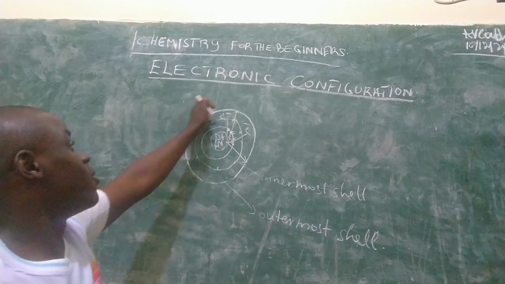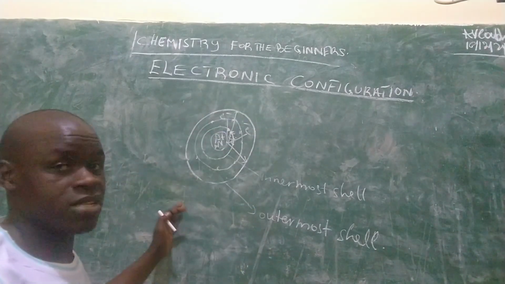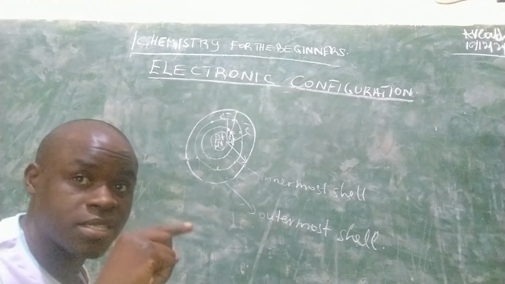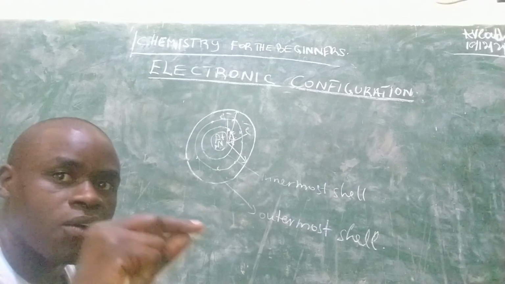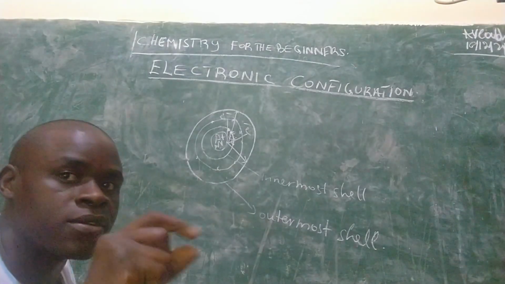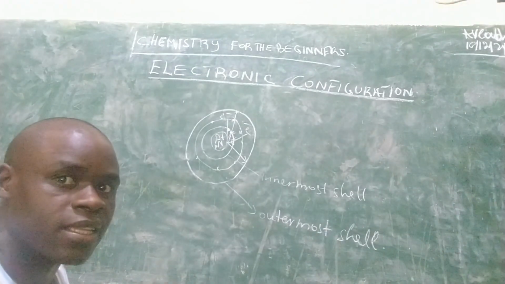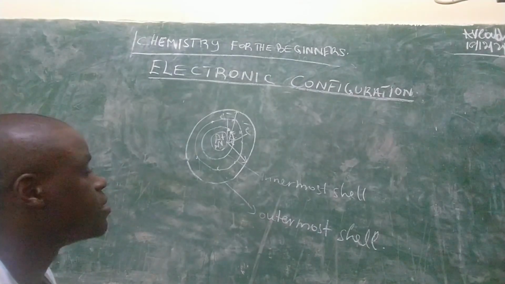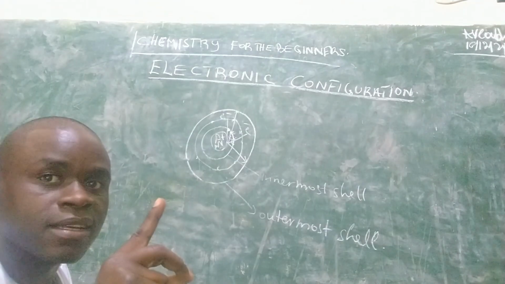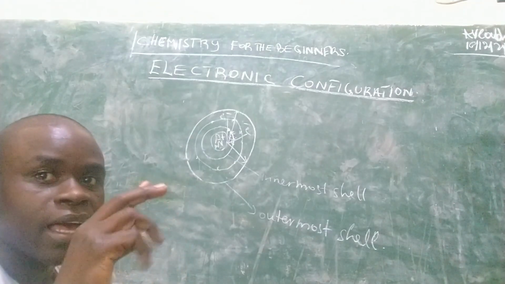If there are many electrons, the number of shells also increases, because of the first law in electronic configuration. It says that the innermost shell, or the first shell from the inside, holds only 2 electrons, and the second holds 8.